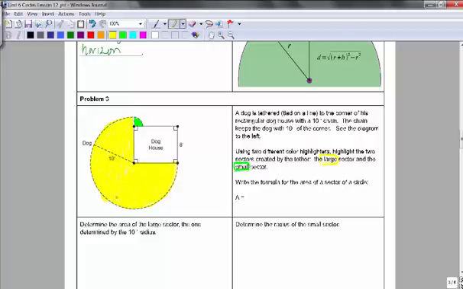And then we're going to go back and we're going to get our area of a sector formula. Maybe just to jog your memory. If you don't remember, then you have to get your notes. This is going to have to do with a fraction of the circle times the area of the circle.